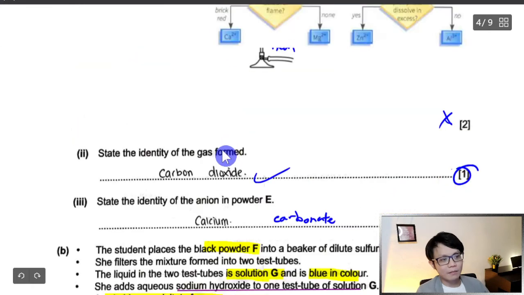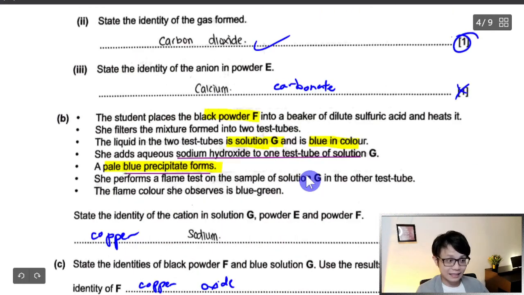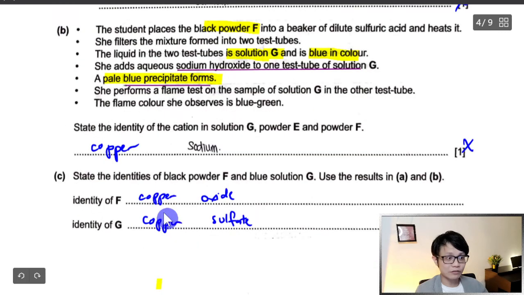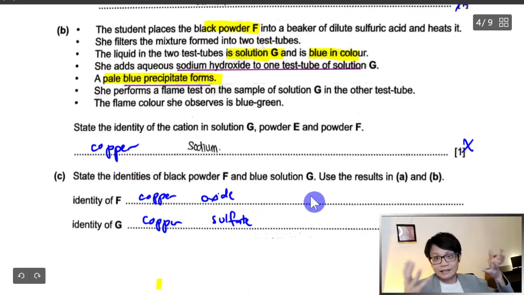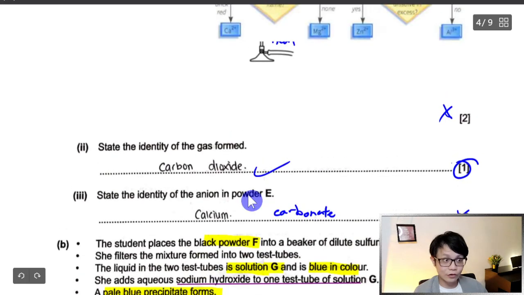Of course, for this one, there are a few things we need to know when doing this question. For example, we must know that copper sulfate is blue, copper oxide is black. I think you still remember, right? Copper sulfate is blue, copper oxide is black. So roughly, if you know this, you can also do this question.